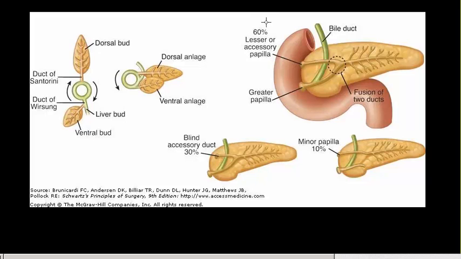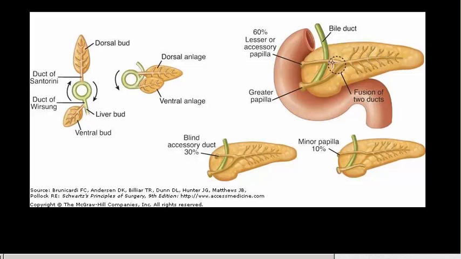So in 60% of cases, most of the pancreatic exocrine secretions will go into these ductules and into the main duct of the pancreas and move into the Wirsung duct. Okay, into what we call the greater papilla, or the papilla of Vater, or the ampulla of Vater, whatever you want.